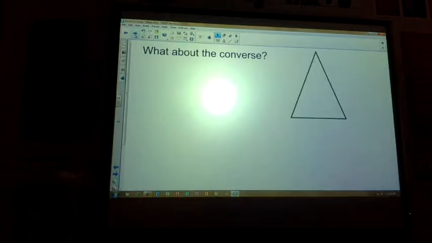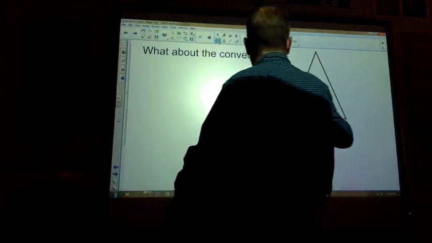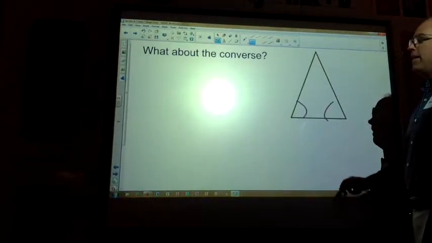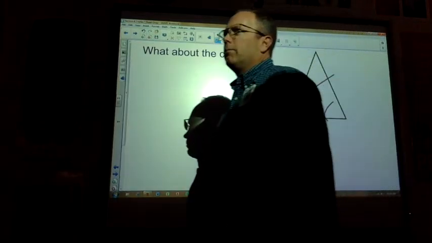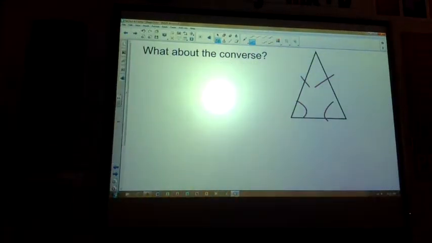If the base angles are congruent, then the sides are congruent. So if the base angles are congruent, then the opposite sides are congruent to those angles.